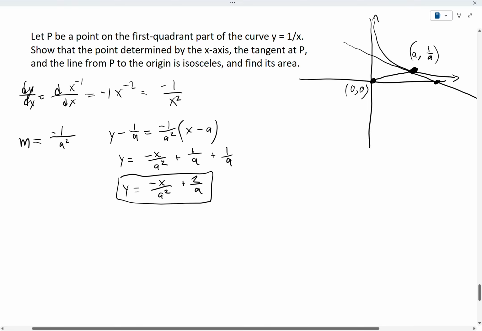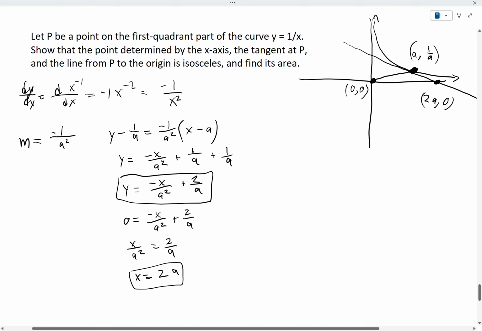So can we figure out what this point is right here? Well, if I just plug in 0 for y, sure, I can find the x value. 0 is equal to negative x over a squared plus 2 over a. x over a squared is equal to 2 over a. Just isolate x. We get x is equal to 2a. So this point right here is 2a, comma, 0.